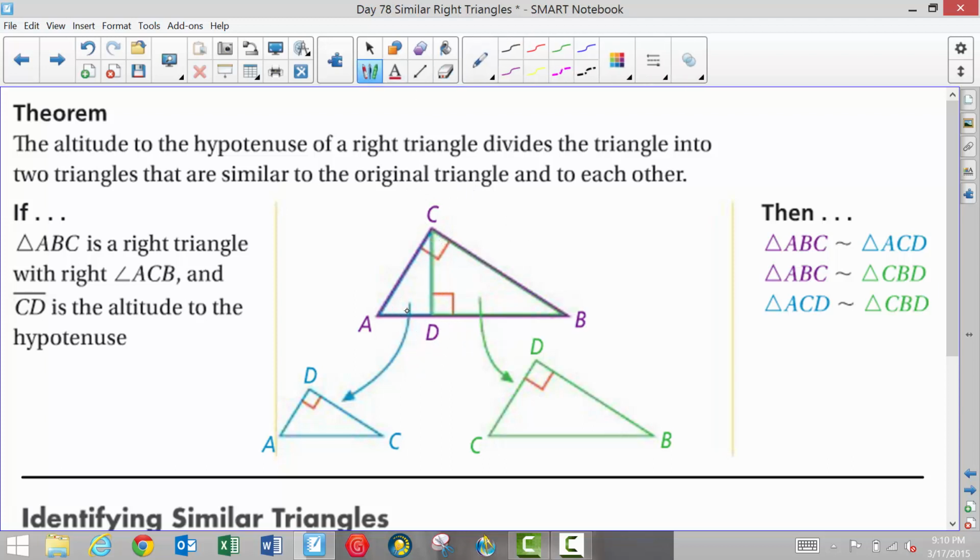So you have your big right triangle ABC is similar to ACD, and it's also similar to CDB, and then you also have ADC and CDB similar. So again, you draw an altitude of a right triangle that goes to the hypotenuse, you will have three pairs of similar right triangles.